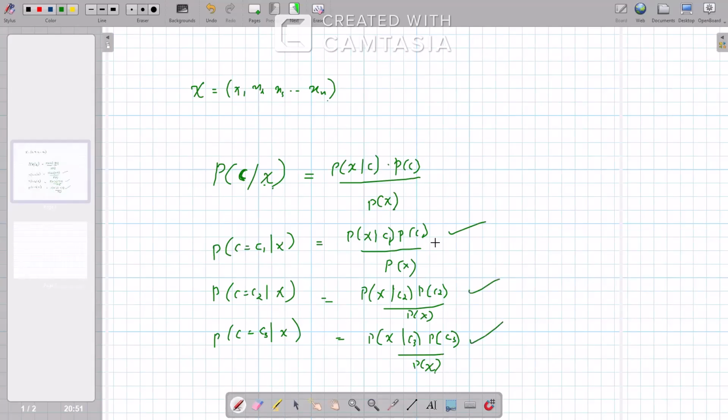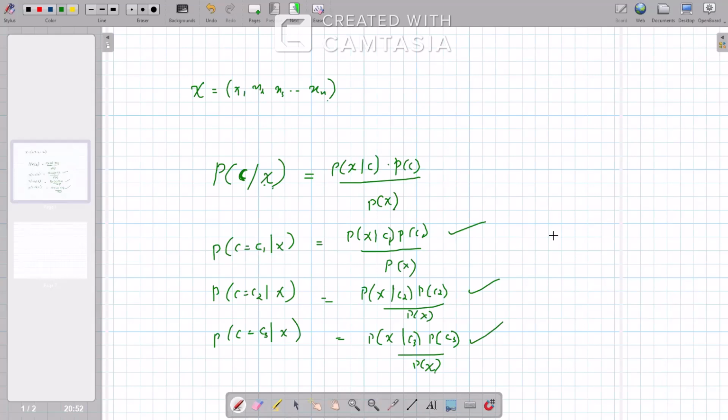If this value is having maximum probability, then we will choose X belongs to C1. Is that clear? If this probability is maximum, then we will choose C2 as the mapping of X. If this is maximum, we will choose C3 as the class of X.